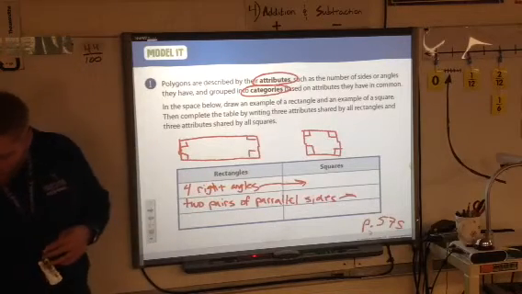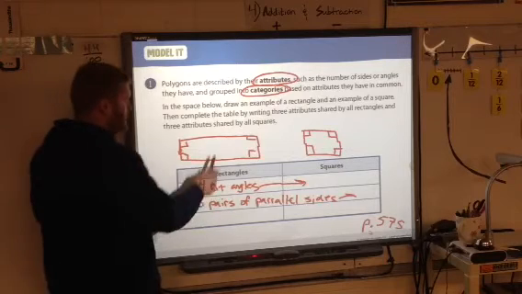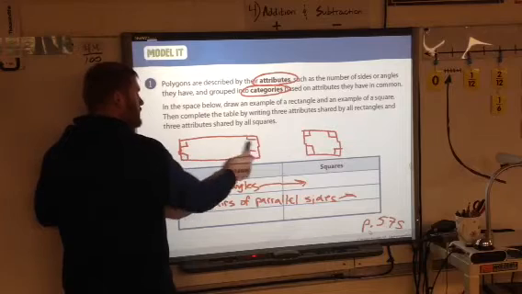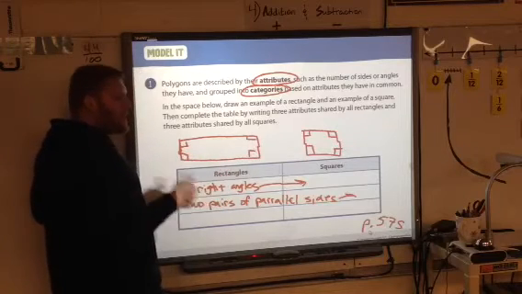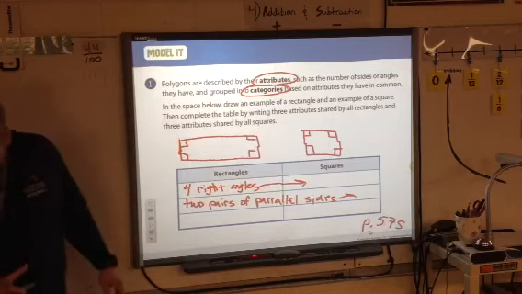Okay? So, in a rectangle, I can describe it as opposite sides of equal length. What I mean is, top and bottom are opposite sides and have equal length, and then the left and right sides, opposite sides, have equal length as well. So, opposite sides of equal length.